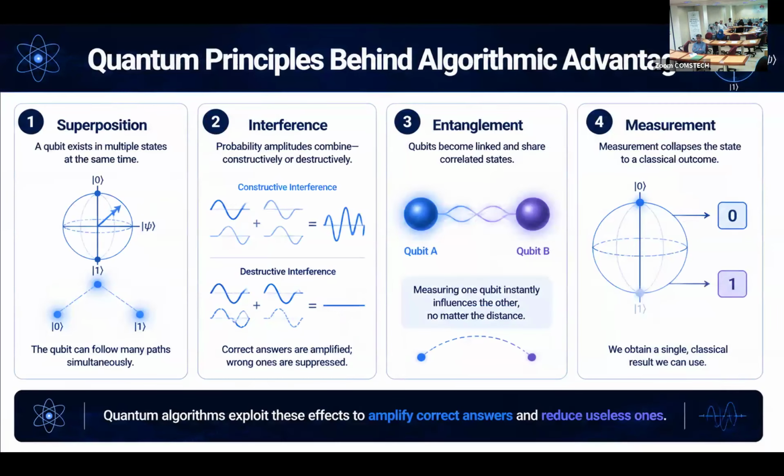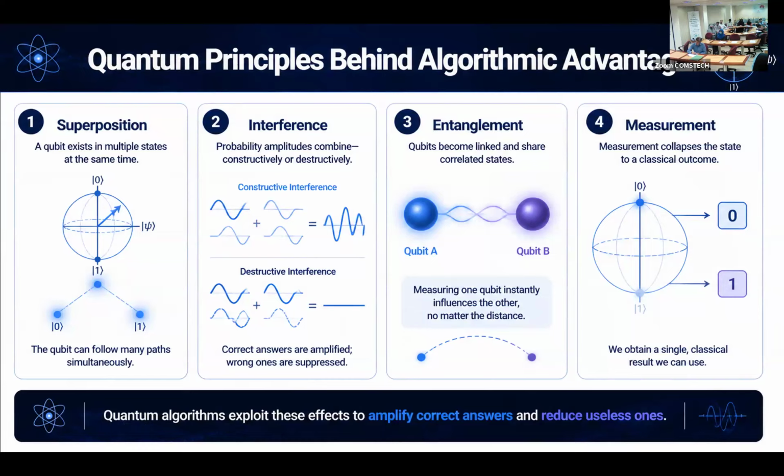So what are the basic quantum principles which make it different from the classical? First of all, there is superposition. You have already seen our session with Dr. Hamad, and he has given a brief overview of all of these things very well. So I hope you get it. Basically, a classical bit exists as either 0 or 1.